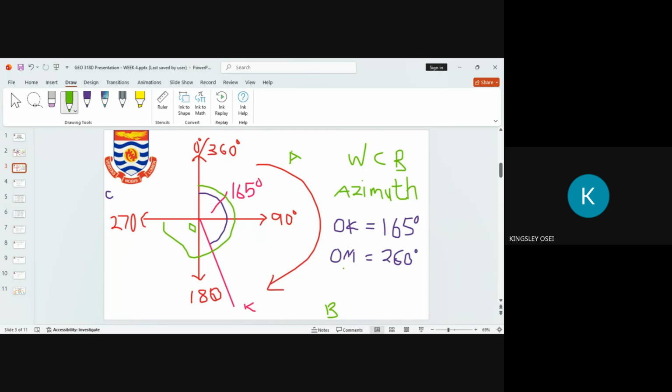Good. So when you add 80 to the 180, you get 260, which means that our line is supposed to come somehow this way. So we go for it, and then we are supposed to be moving this way. And this is how our line OM is supposed to be.